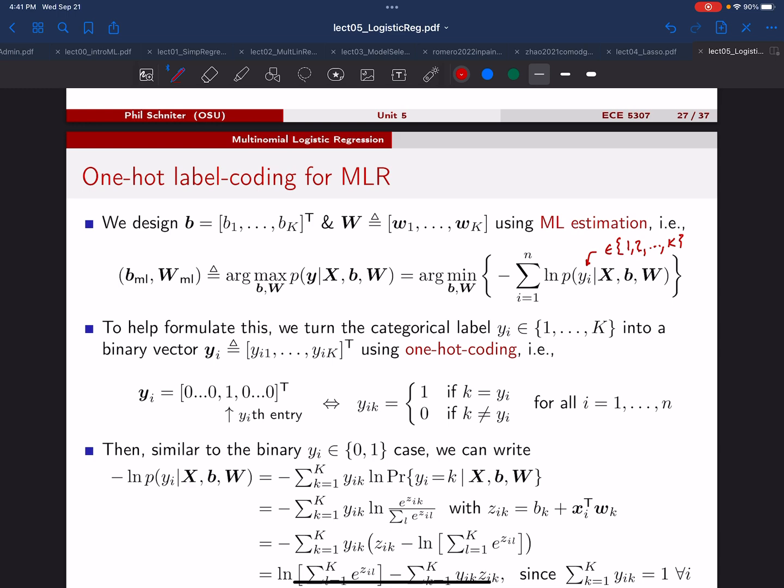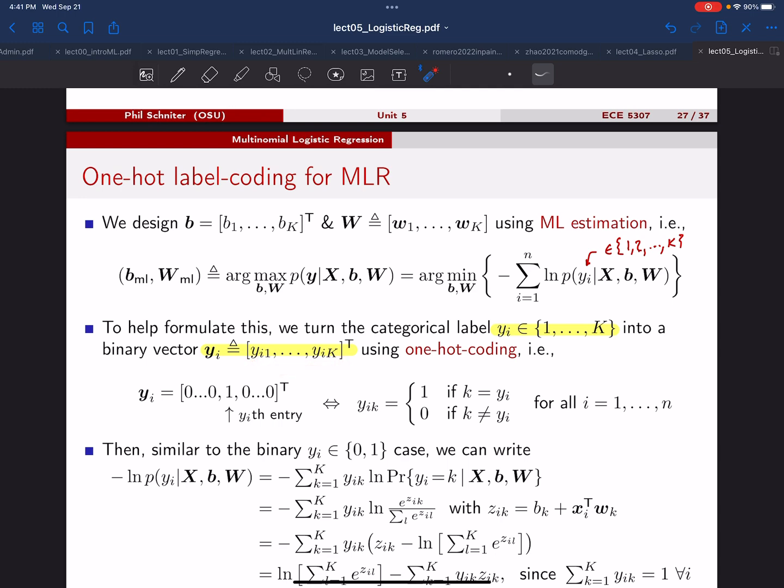So what we're going to do is translate that representation into binary vectors using one-hot coding. We studied this previously with features, and now we're doing it with targets. We're going to call this boldface vector boldface yi. Again, the i means it's for the ith training sample. This guy is an integer, but this guy is a one-hot vector.